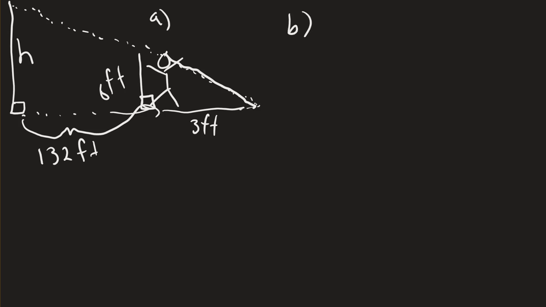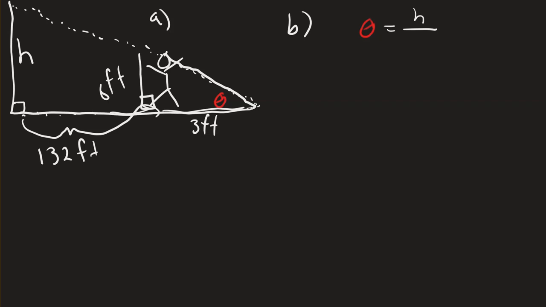Part B says use a trig function to write an equation involving the unknown quantity. So if I pick one of these acute angles, maybe this, that'd be the most common one. I could say I'm interested in finding the opposite of the big triangle, when I know the adjacent of the big triangle.